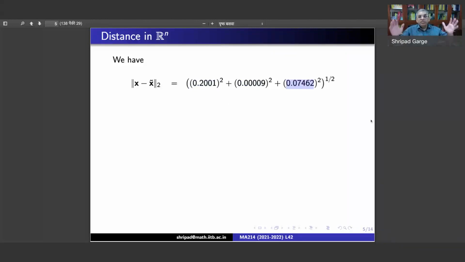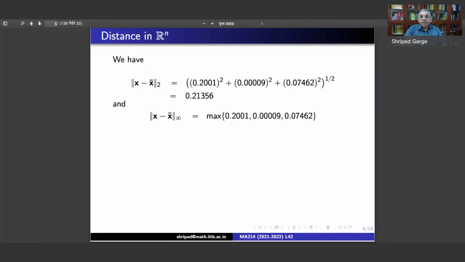And after taking the squares, we sum, and after summing these squares, we take the square root, and that turns out to be 0.21356. The L infinity distance is, you simply have to take the maximum of the moduli, so we do not put a sign, and then it is easy to see that this is 0.2001.